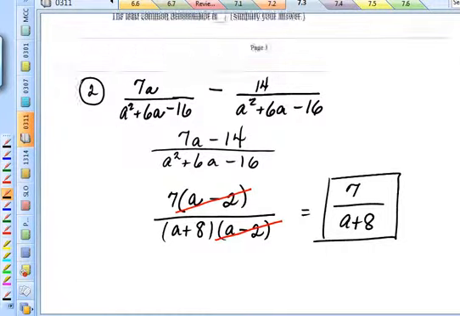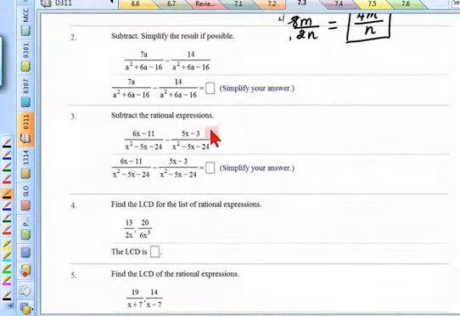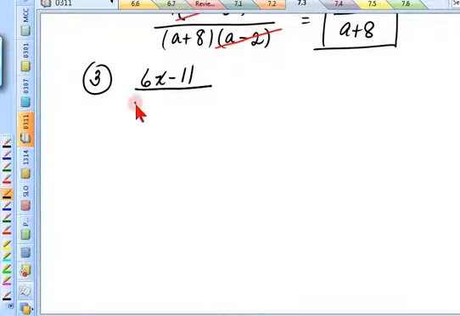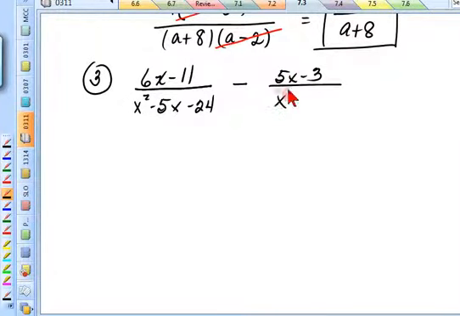Okay. Problem number 3, if you looked back, it is another subtraction problem. So I'm going to come down here where I've got a little bit more room. And I have 6x minus 11 over x squared minus 5x minus 24. Subtract. (5x minus 3) over x squared minus 5x minus 24.